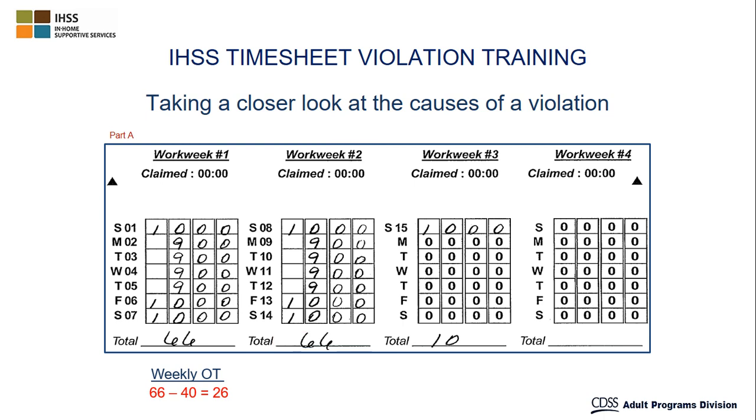This too gives the provider 26 hours of monthly overtime. The last day of the pay period for Part A, the 15th of the month, falls under Work Week 3. The provider has claimed 10 hours for this day. This is an important 10 hours, and we will demonstrate why a little later.